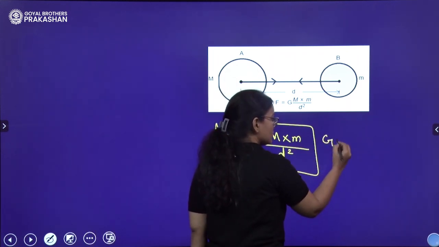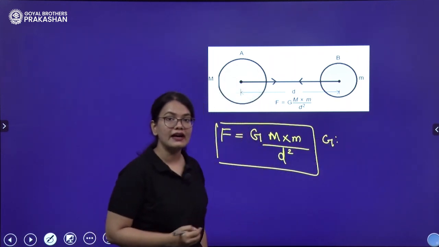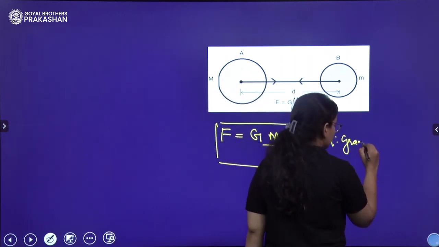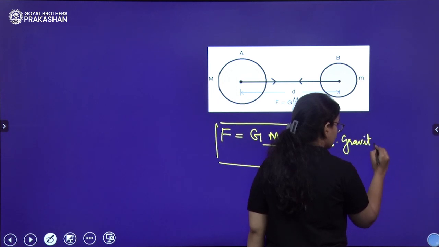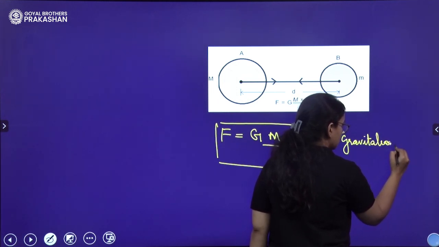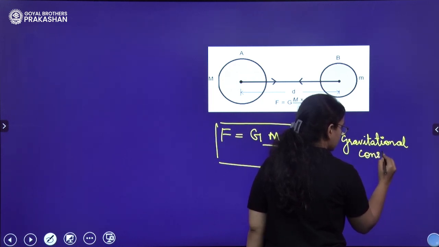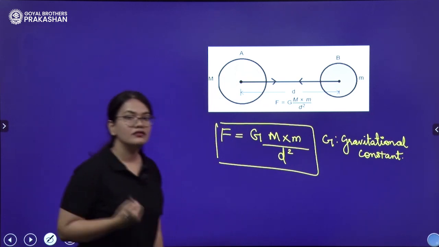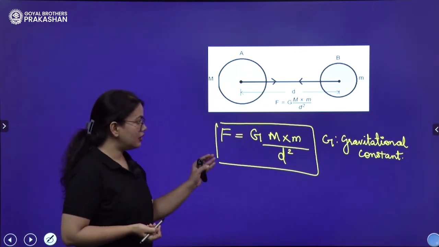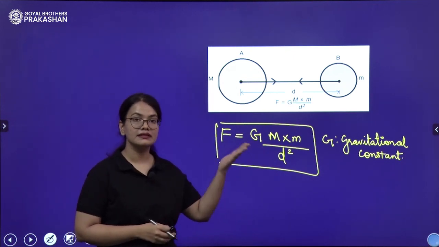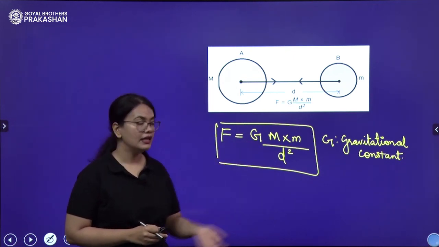This capital G is also very important. This is called the gravitational constant. Okay, we will discuss in detail about the gravitational constant, but please keep in mind this formula. This is very important.